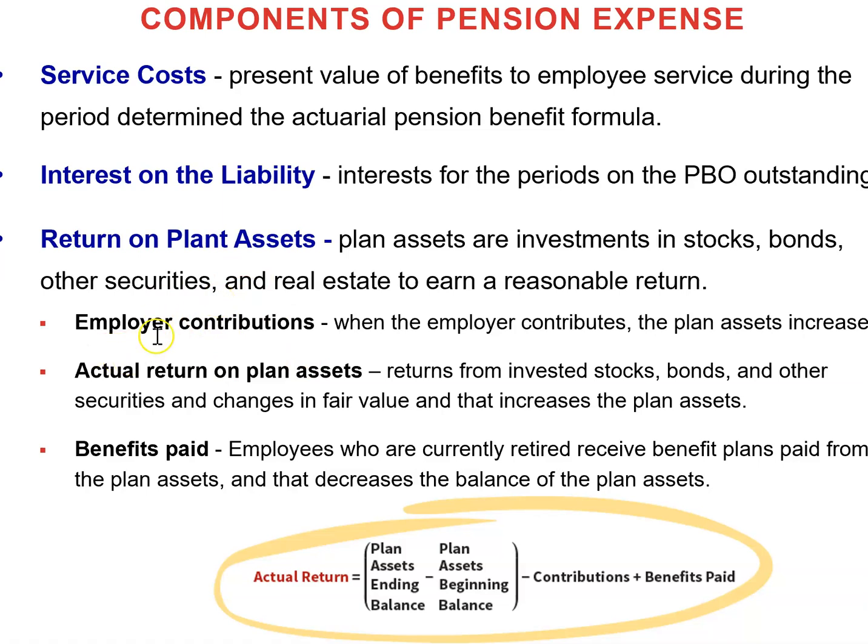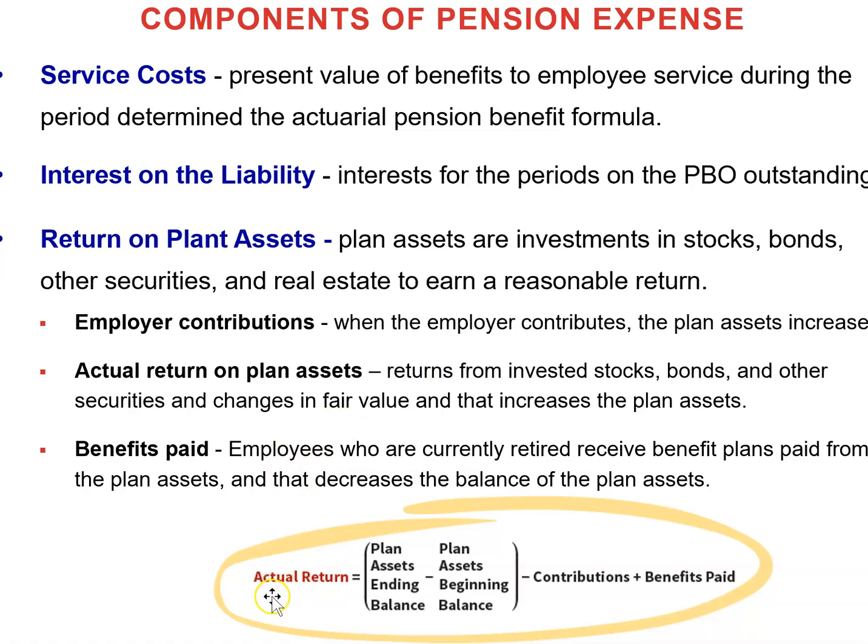For example, employer contribution. Every year the employer will contribute, and that will increase your plan assets, and then you have that regular return from those plan asset investments. And then every year the employer will also pay some benefits to their retired employees, which will decrease the plan assets.